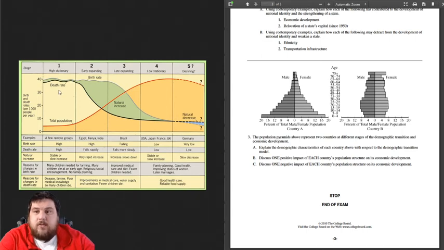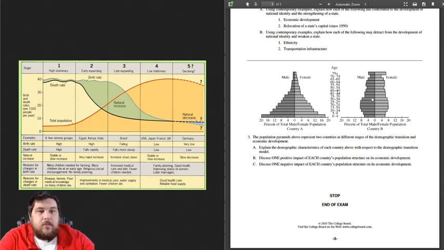Now we've talked about in class and today that there is no stage 1. So if we're looking at a country, we're going to start with stage 2. Now if it was stage 1, you would imagine that there would be almost no one in this top tier of the pyramid. If the death rate is this high in a stage 1, where it's basically a hunter-gathering situation, you won't have many people at all living past the ages of 30, 40, 50 tops.